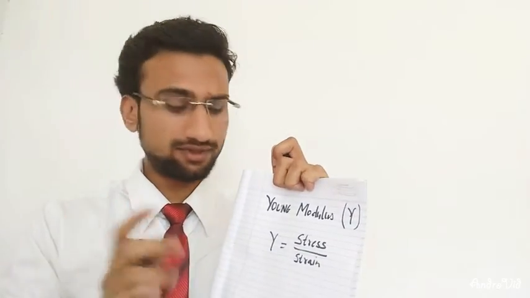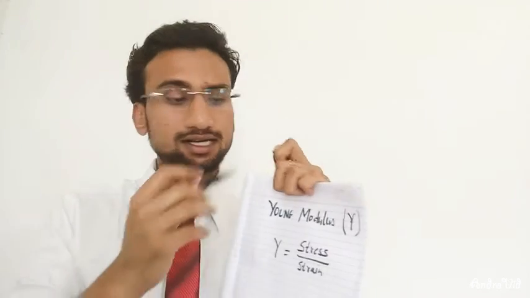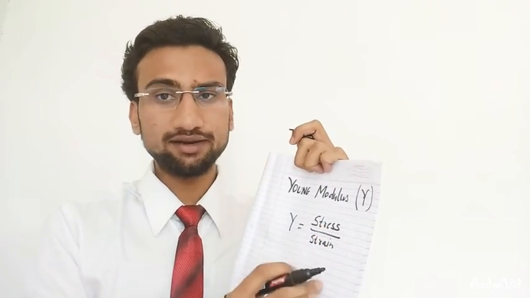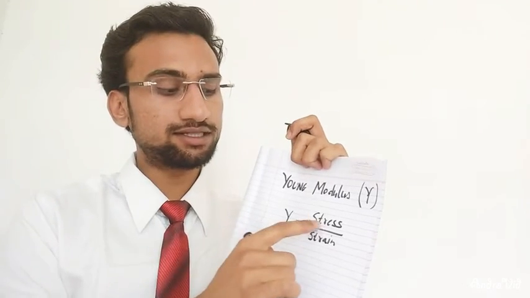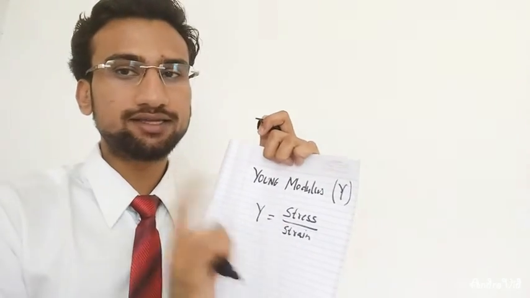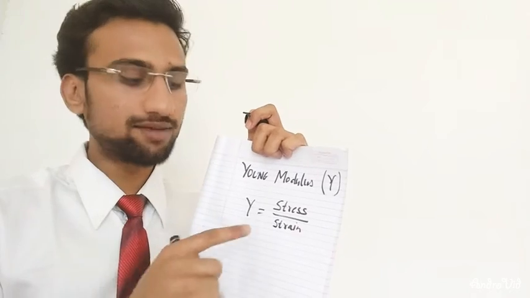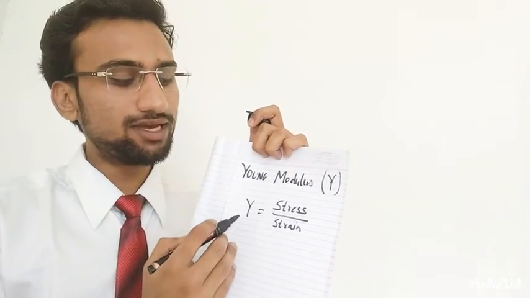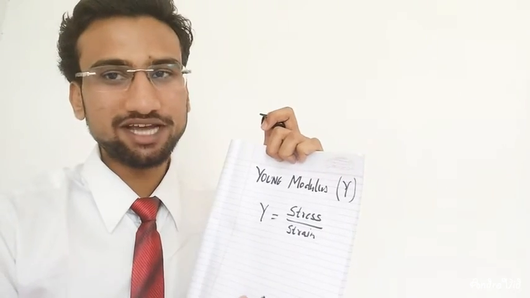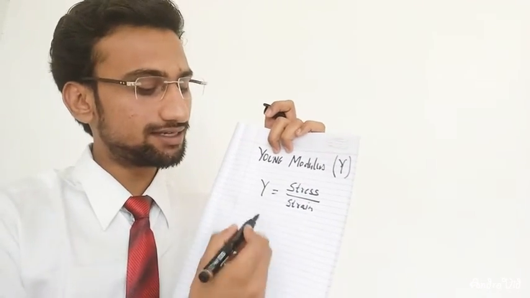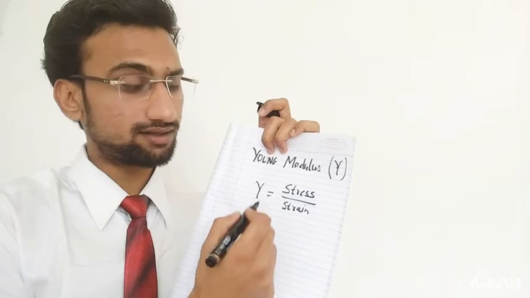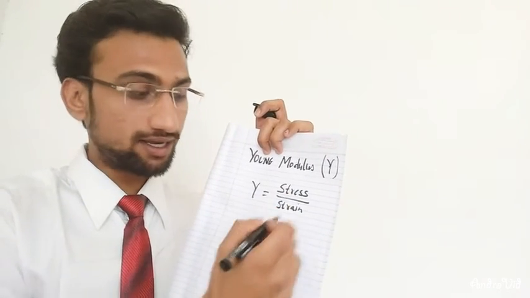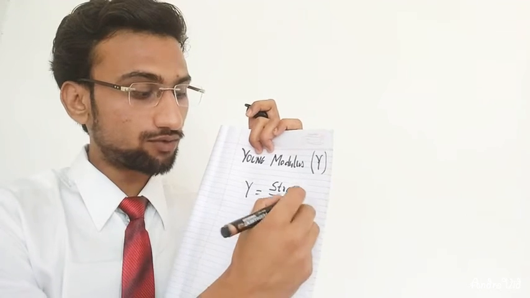He calculated stress and strain, and he got a similar result that stress is proportional to strain, and the constant which was coming, he gave its name gamma or Y, and stated that this will be Young modulus. And from here we can see that Young modulus is equal to stress upon strain. Here stress is restoring force.